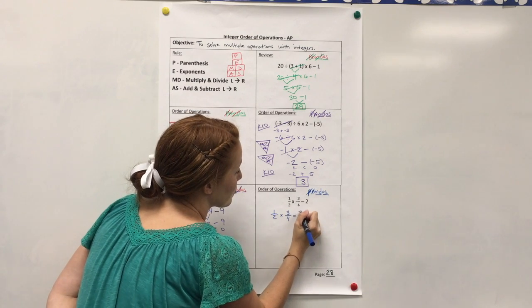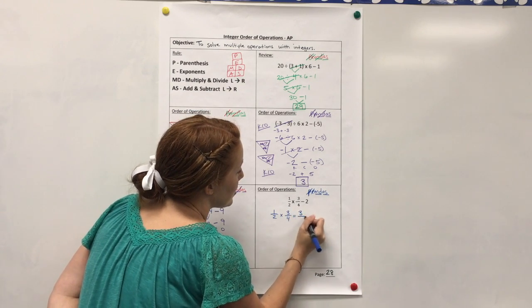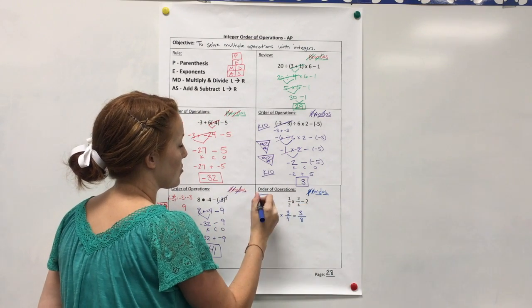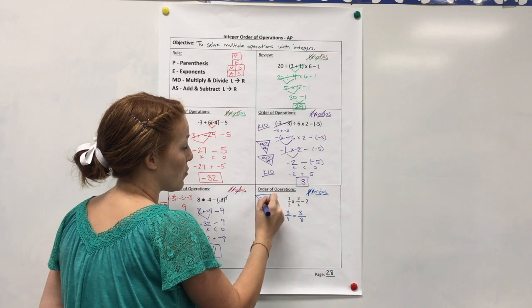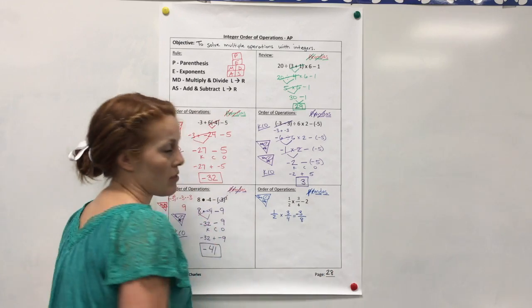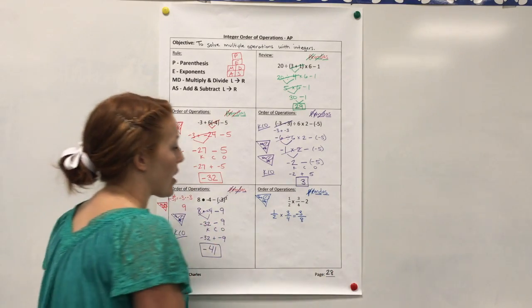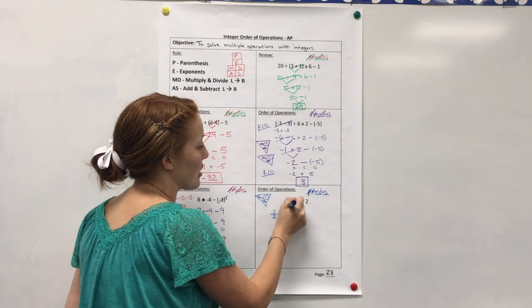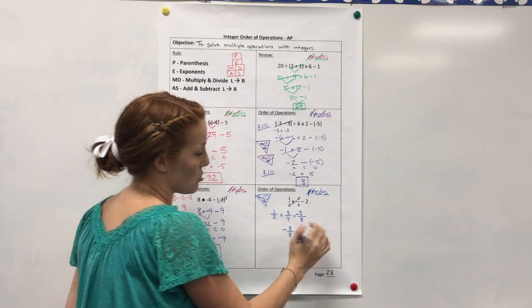1 times 3 is 3. 2 times 4 is 8. And then mad face, so I have a positive 1/2 and a negative 3/4. So that makes negative 3/8. Okay, so I have negative 3/8. And then that takes care of that part, so I need to bring down the minus 2.